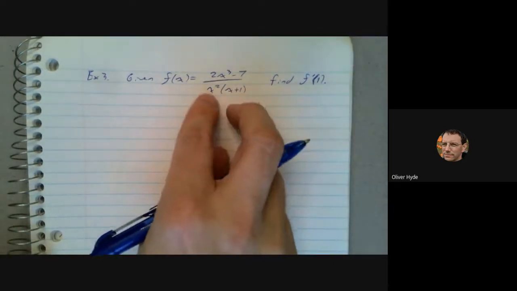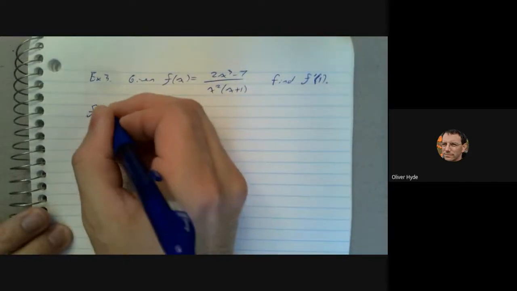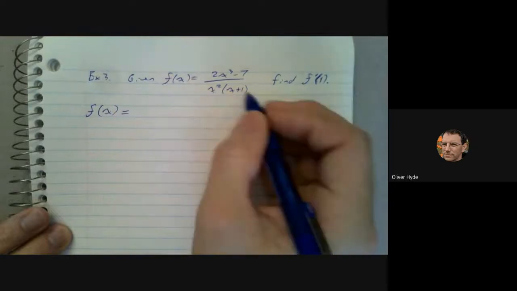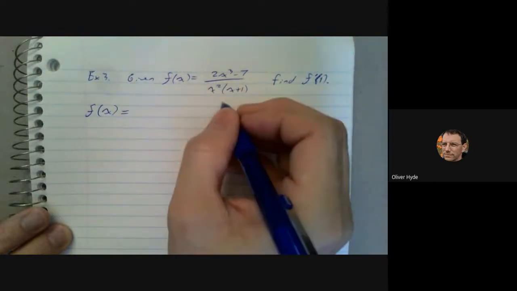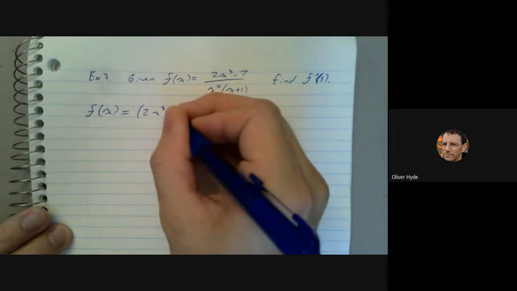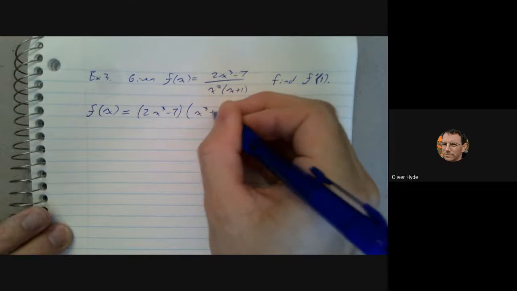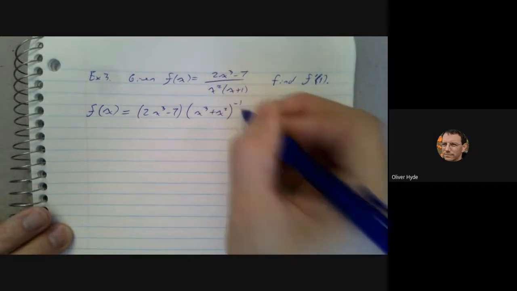Even if I'm going to use this approach of multiplying by the reciprocal, I'm still going to use the same strategy to avoid a second product and distribute in my second factor. So I'm going to write this as the product of 2x cubed minus 7 multiplied by x cubed plus x squared to the exponent negative 1.